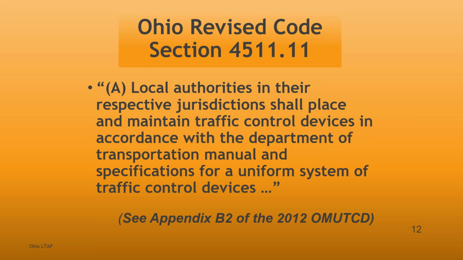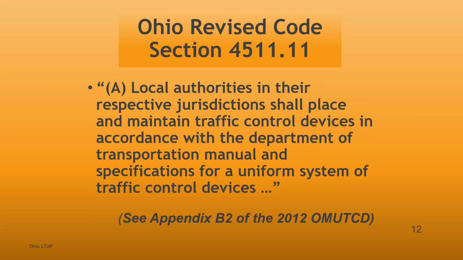And that part of the Ohio Revised Code states that local authorities, so that means you guys in the cities and villages, townships, and the county engineer's offices, you shall place and maintain traffic control devices in accordance with this manual and the specifications for a uniform system of traffic control devices.